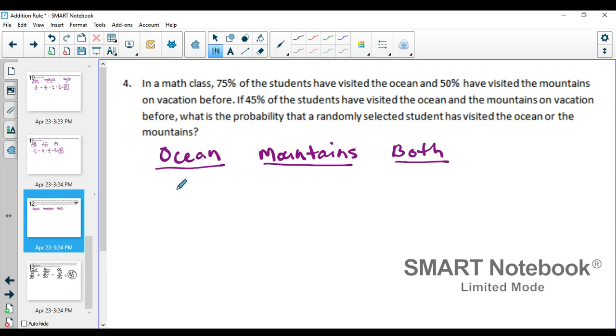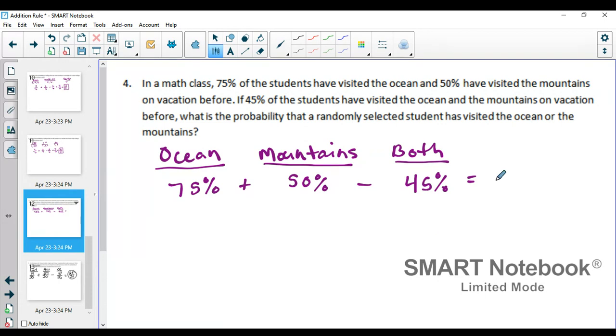So it says 75% have visited the ocean. So we're adding that to the percent that have visited the mountains, just 50%. And then we're subtracting away where they've been to both, so 45%. Right, and then this is where a calculator comes in handy.